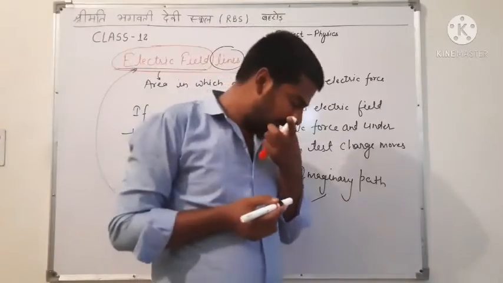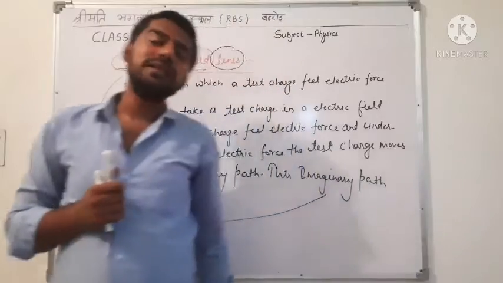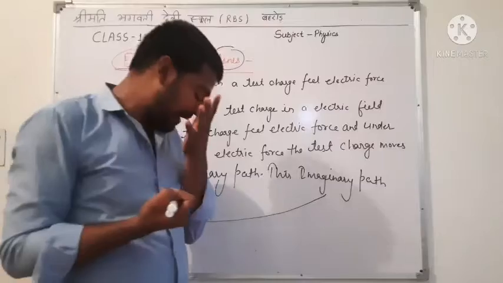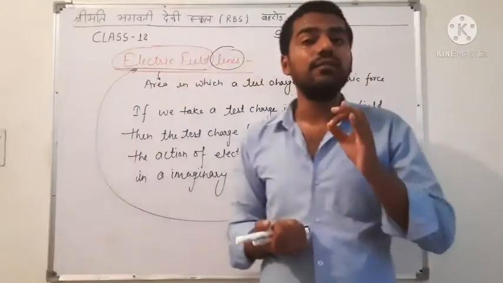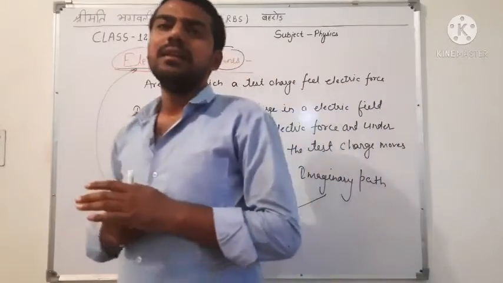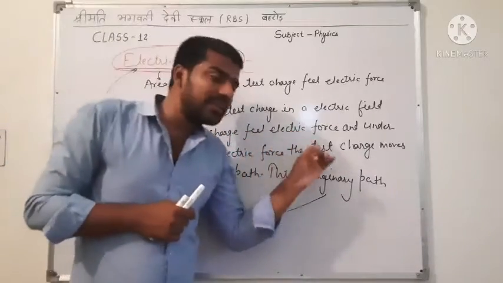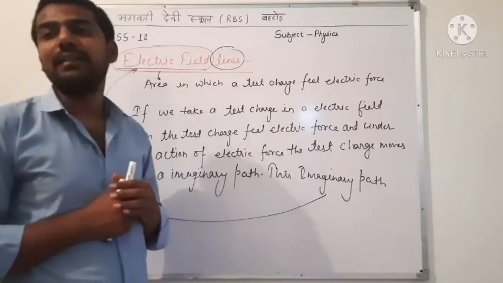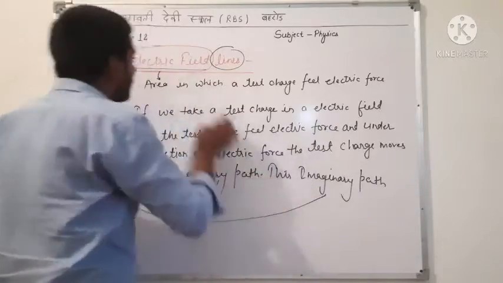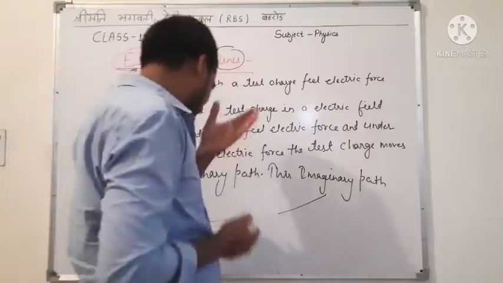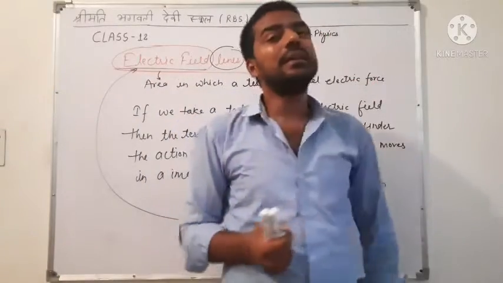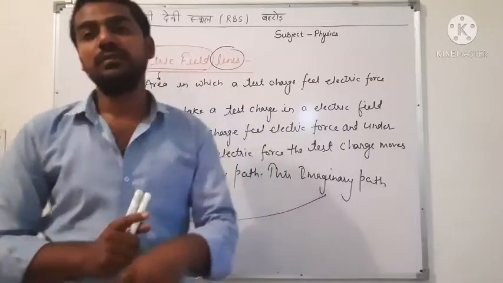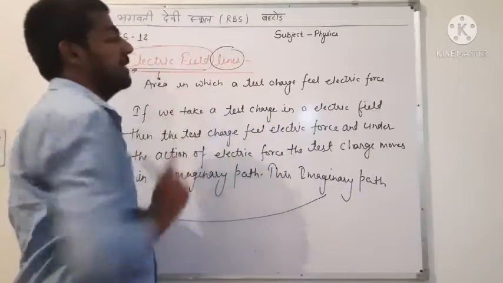Means if a test charge is put in an electric field, the electric field applies electric force on it, and under the action of this force the test charge moves in an imaginary path, and the imaginary path is called electric field line.